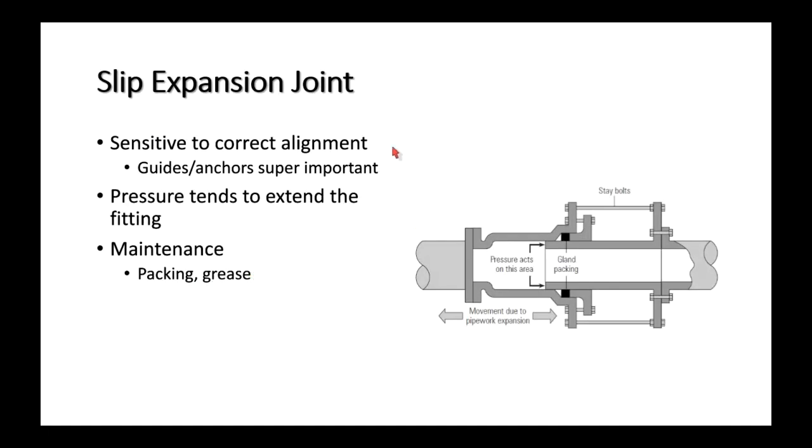Now, as for the slip expansion joint, they, in particular, well, I mean, all of them are sensitive to correct alignment. You have to have the pipe going in, not on an angle. It's going to be going straight in. And so to make sure that these pipes go straight in the way they're supposed to, we are going to need guides and we're going to need anchors.